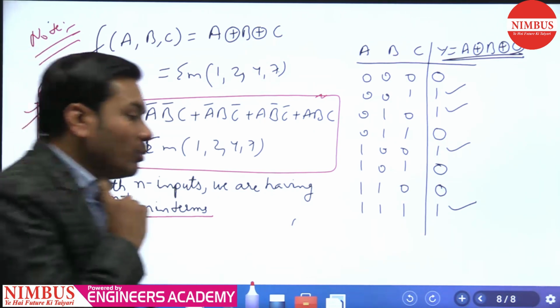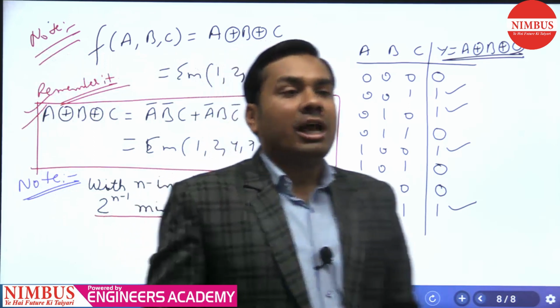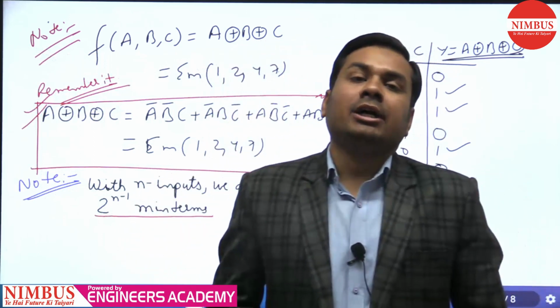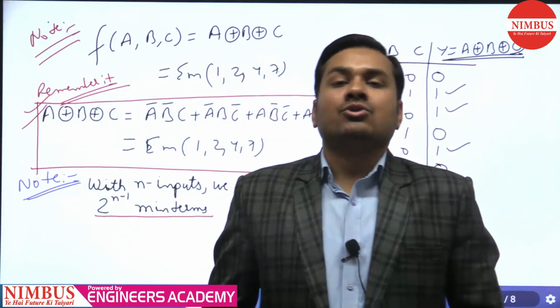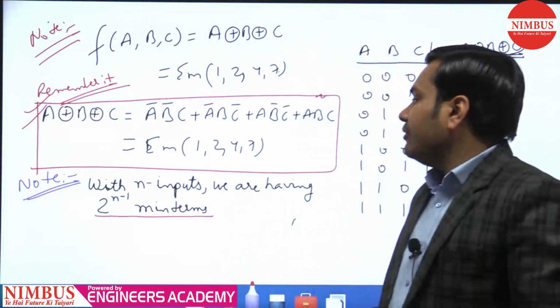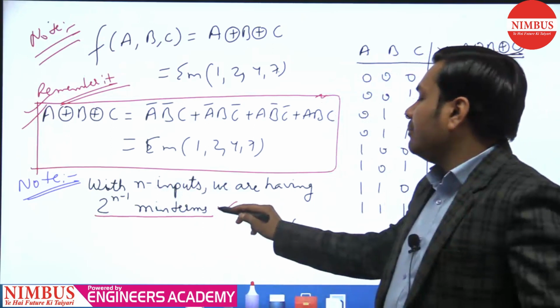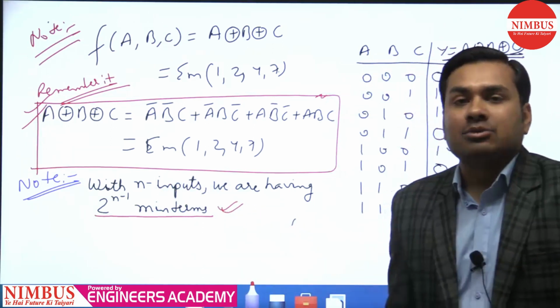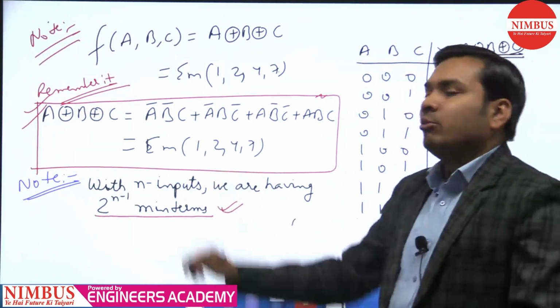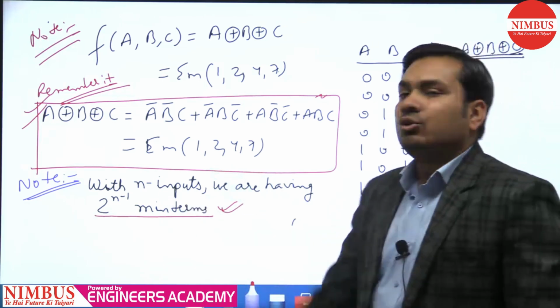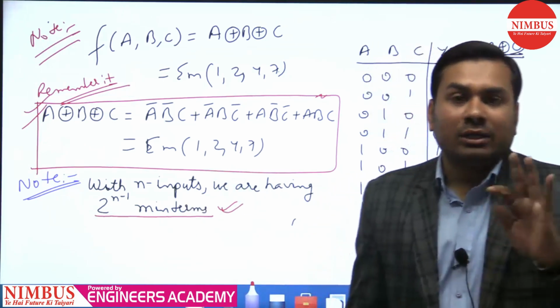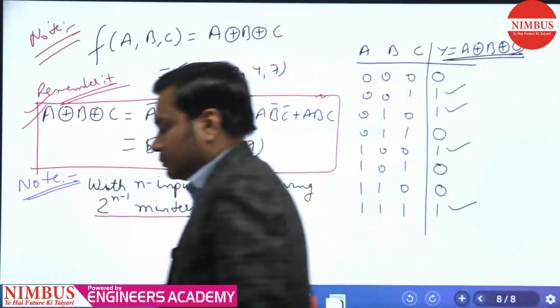So for A XOR B XOR C XOR D we have 8 min terms. Clear? So for the XOR, if we have n inputs, then we have 2 raised to power n minus 1 min terms.